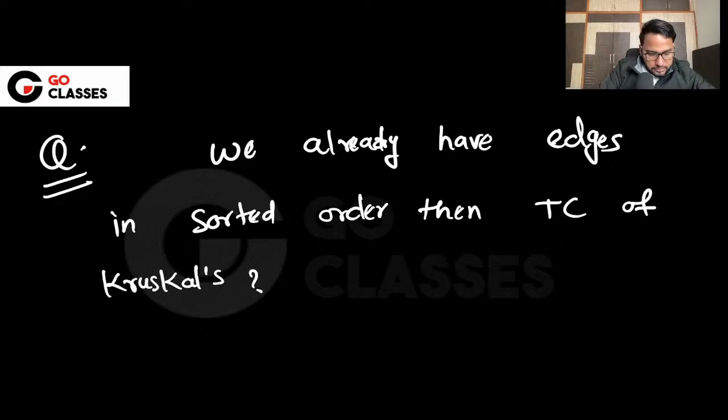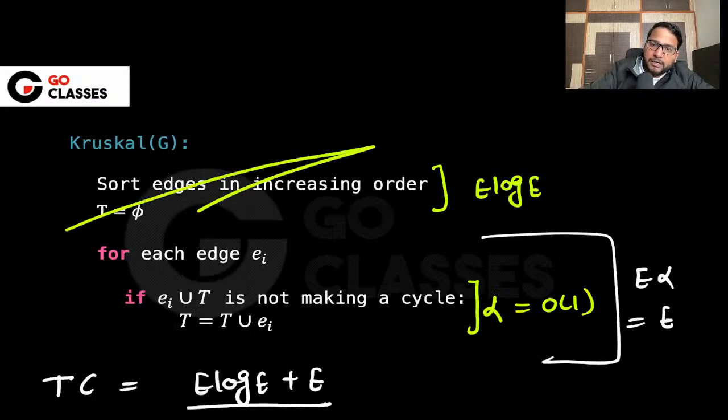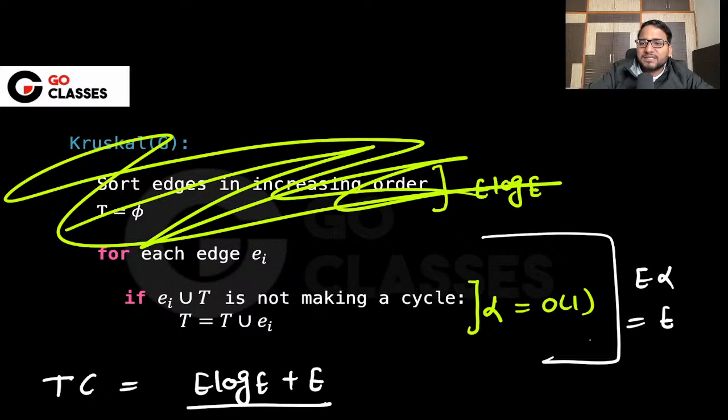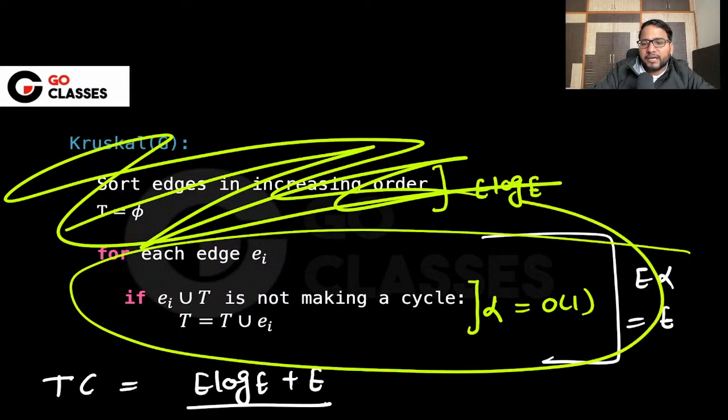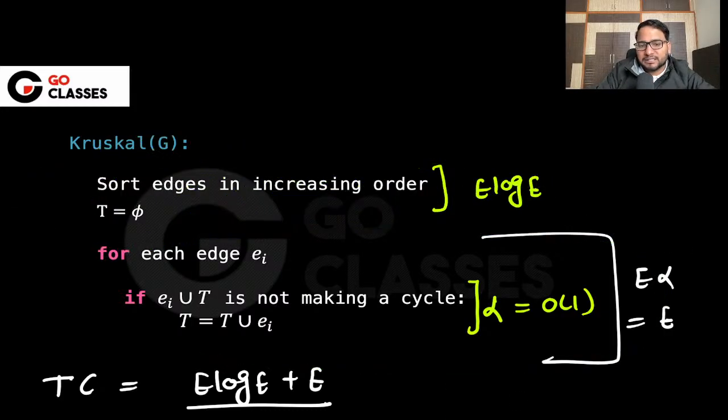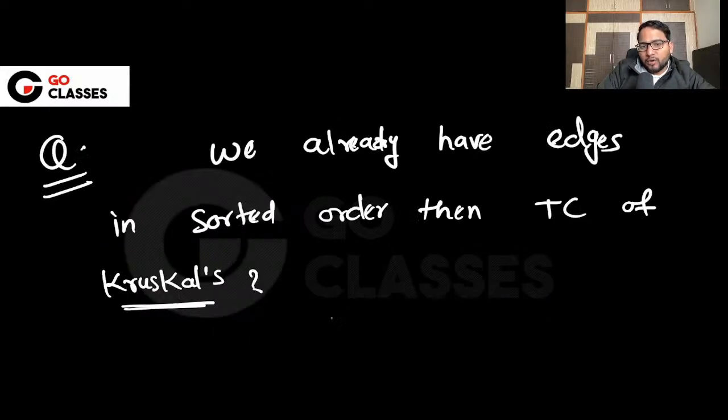Then what is the time complexity of Kruskal's? What do you think? See, if you already have them sorted, then you don't need to do the sorting, right? Then this is just E times cycle checking, and let's suppose cycle checking is just order of 1. So this is just order of E.